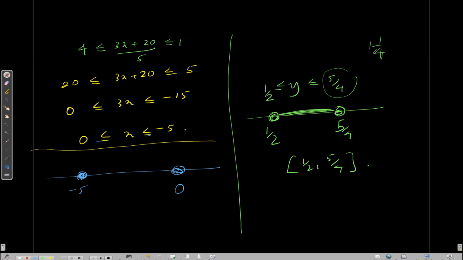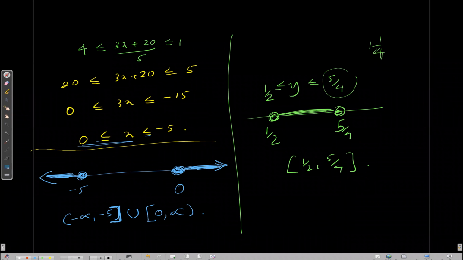So x is less than or equal to negative 5, this side. X is greater than or equal to 0, this side. Now this is one case that I was explaining earlier. So negative infinity to negative 5, union, sorry, here, 0 to infinity.